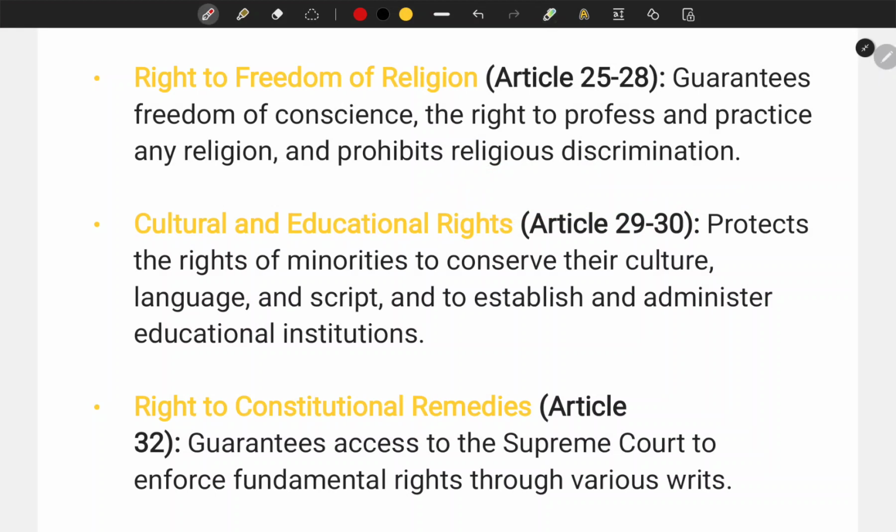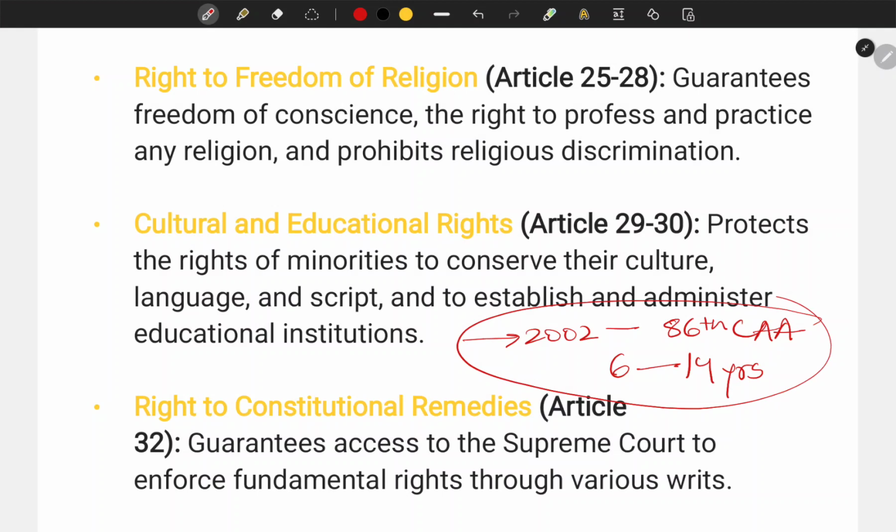So the right to education doesn't essentially come under cultural and educational rights, but in 2002, by the 86th constitutional amendment, the education of children from the age of 6 to 14 years became a constitutional right, and it was added to the constitution under Article 21A. So when there is a capital A beside an article, that means that article is being added to the constitution via an amendment.